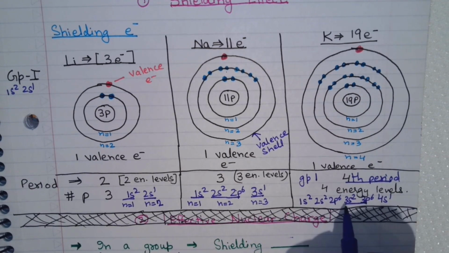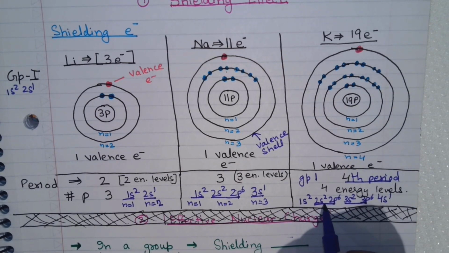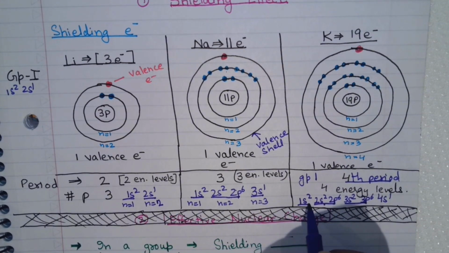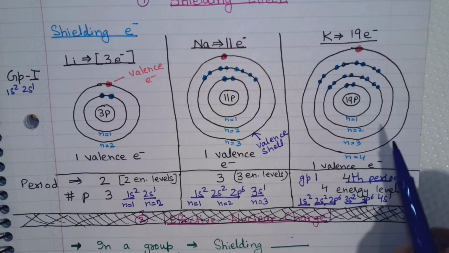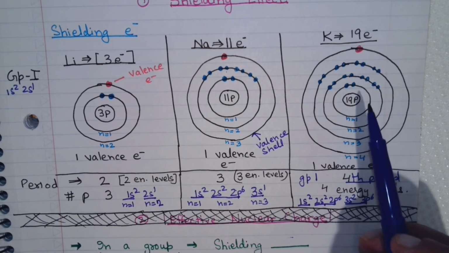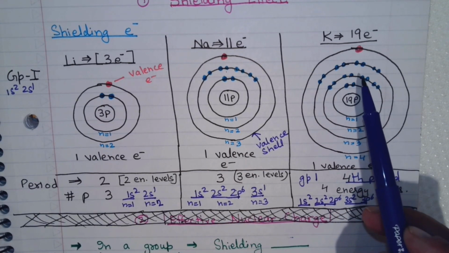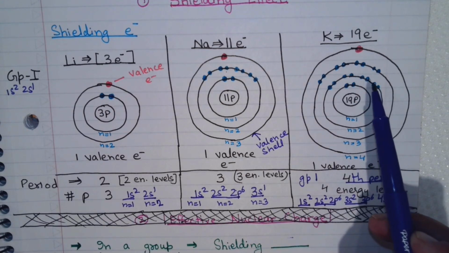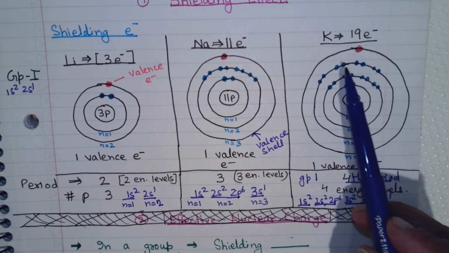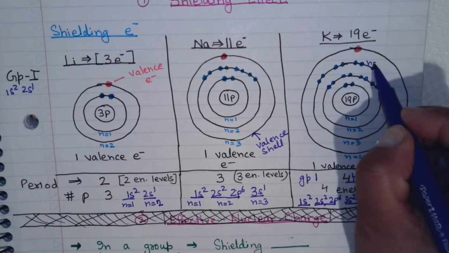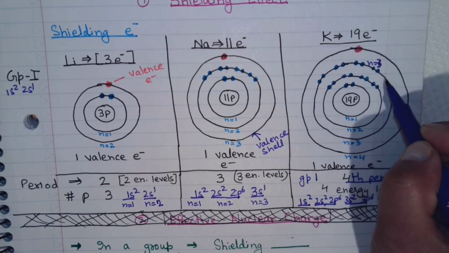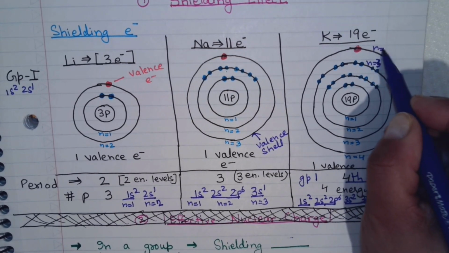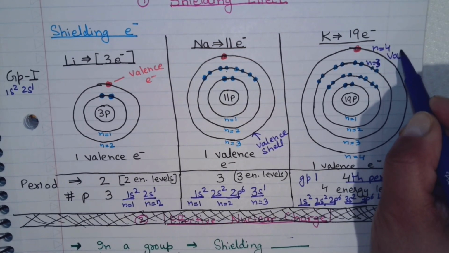So n equals 1 has 2 electrons, n equals 2 has 8 electrons, and n equals 3 has 8 electrons. And n equals 4 is the valence shell.